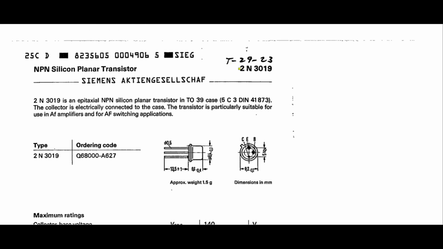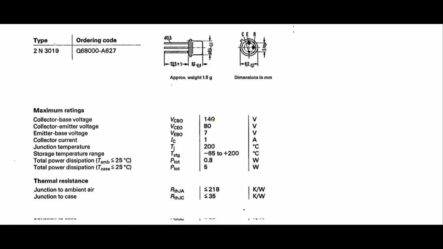There is another very popular transistor, which is the 2N3019. That is also an NPN silicon planar transistor. It comes in the TO39 case, the most common one.